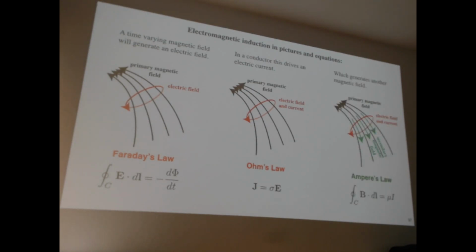And then Ampere's law says that electric current is going to make another magnetic field. So this is back to the picture I showed you right at the beginning, where I've got a secondary magnetic field. And the minus sign in Faraday's law means that that secondary magnetic field is going to try and oppose the variations in the primary magnetic field.